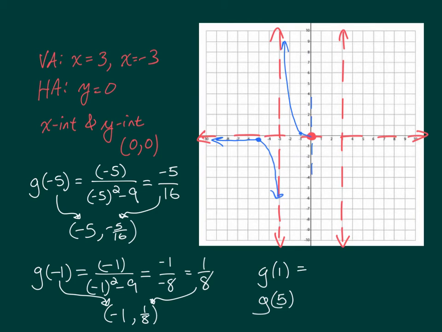When you substitute in the 1, you get negative 1/8. And when you substitute in the 5, you get positive 5 over 16. That shows you that the graph will look something like this. And this is the graph of the function g of x equals x over x squared minus 9.